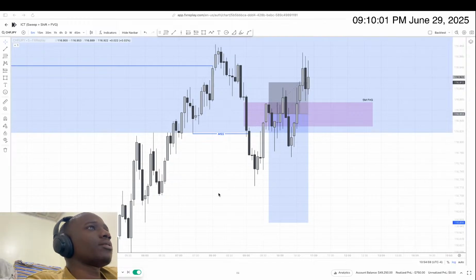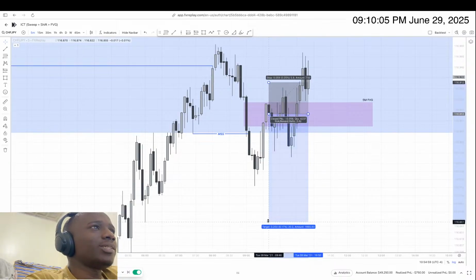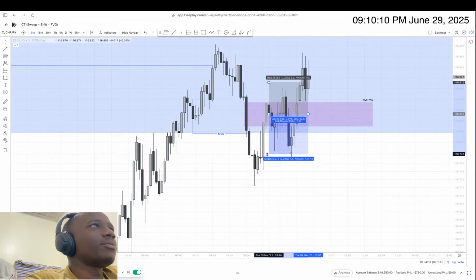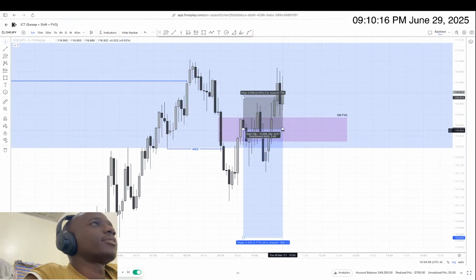So yeah, this trade had started out well, but wait, did we reach like 1.1 risk to reward? Okay, I think break even will be now after reaching 1R. Have to put it at break even so that we protect capital.